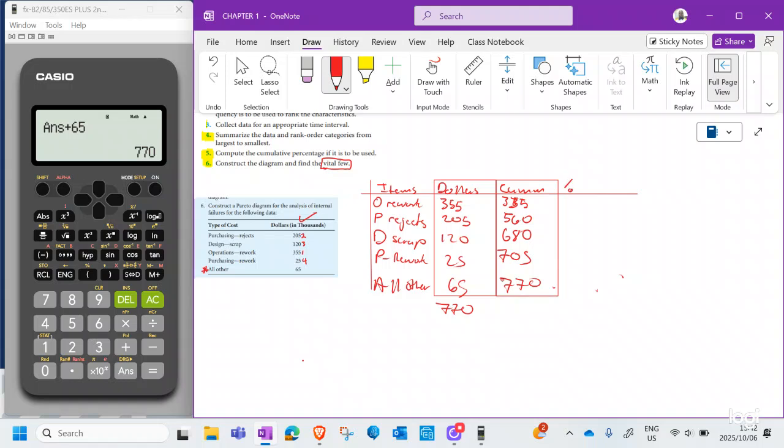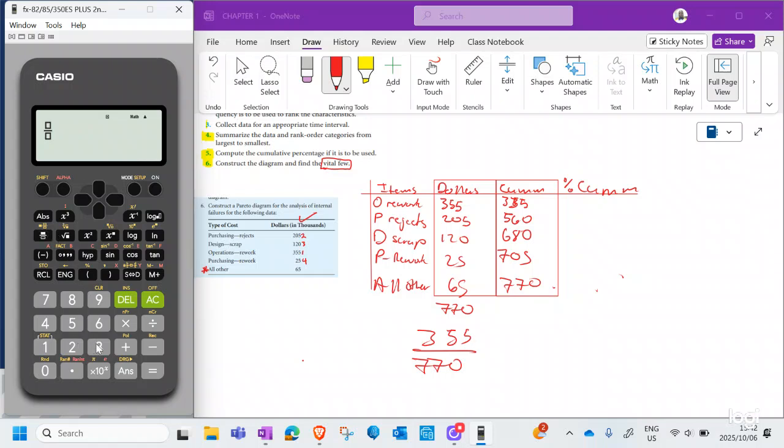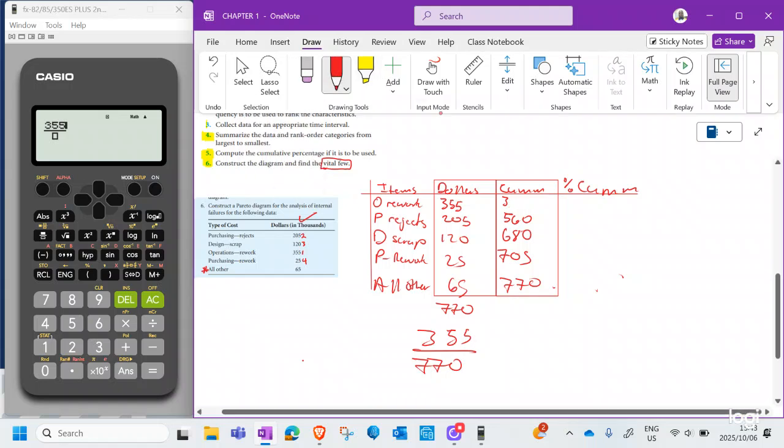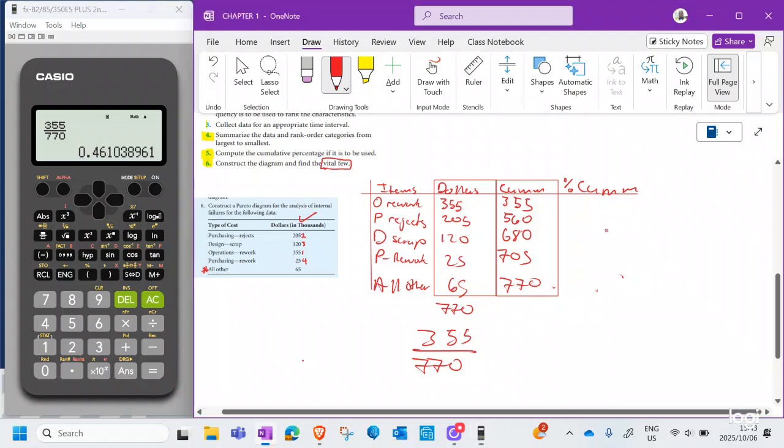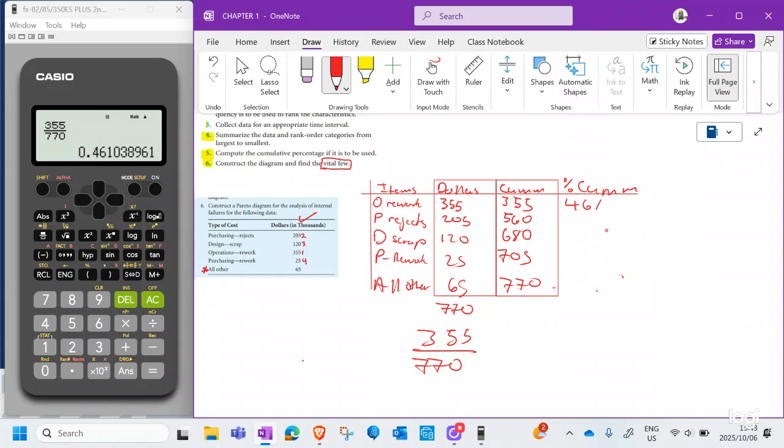Now to find the cumulative percentage, you're going to say 355 over 770. You're getting 46.1%.